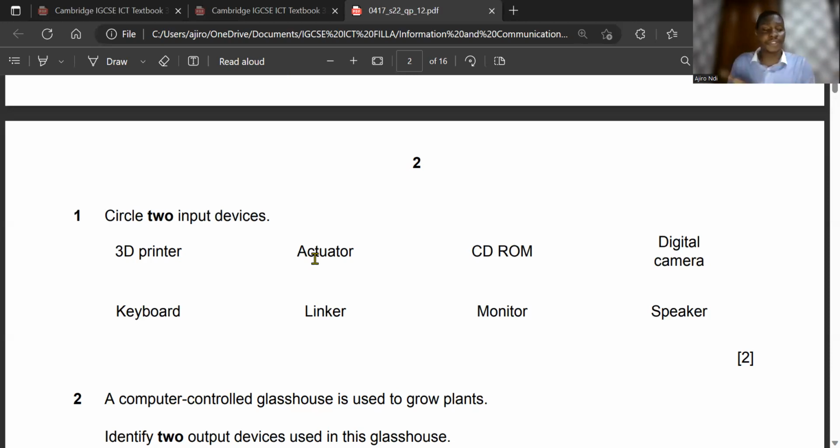So circle 2 input devices simply means they're talking about chapter 2, because we have input and output devices, and we're talking about the input devices. While for input, you also see a glimpse of that in chapter 1 as well. So digital camera, on the other hand, is an input device because it helps to capture images, right?